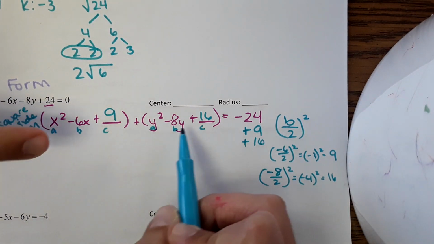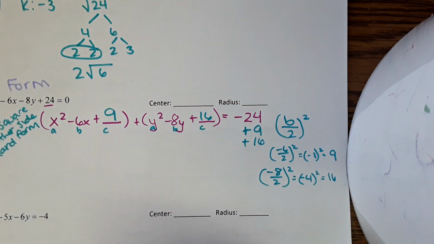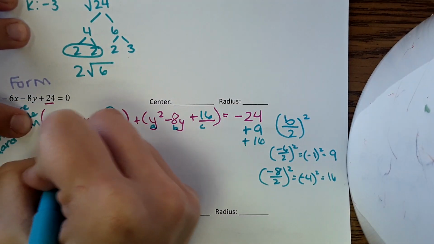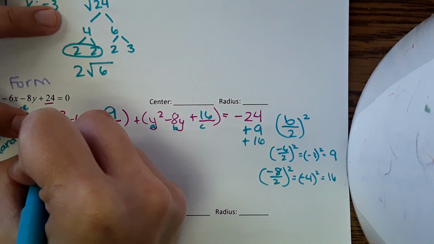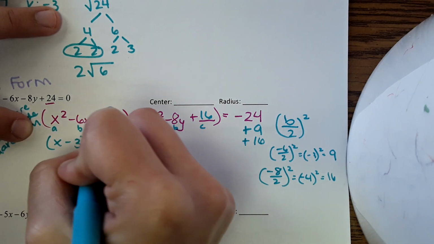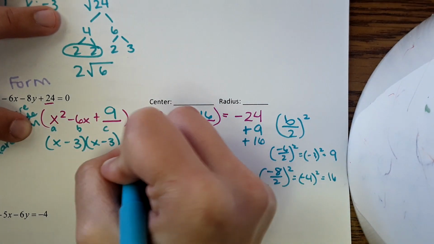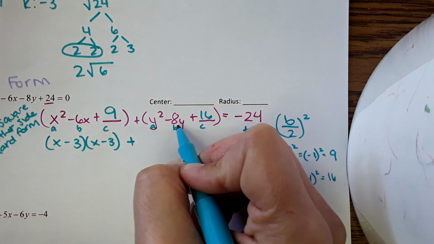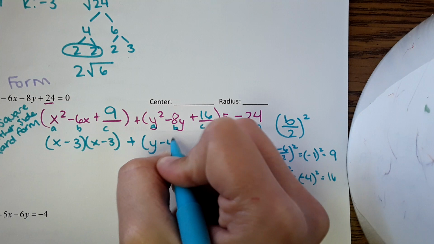So now that we have these, we can actually factor this out. So two numbers that multiply to 9 and add to -6 would be -3 and -3. So x minus 3 times x minus 3. And then over here, two numbers that multiply to 16 and add to -8. Y minus 4.